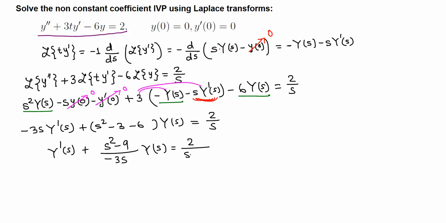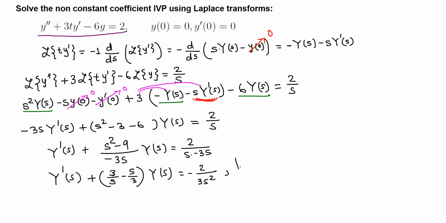Let's simplify this. We have Y prime(s) plus s squared over negative 3s minus 9 over negative 3s. Negative 9 over negative 3s is in fact positive 3 over s, and I want to put that in front. And s squared over negative 3s, the s cancels, giving negative s over 3. Times Y(s) equals negative 2 over 3s squared.